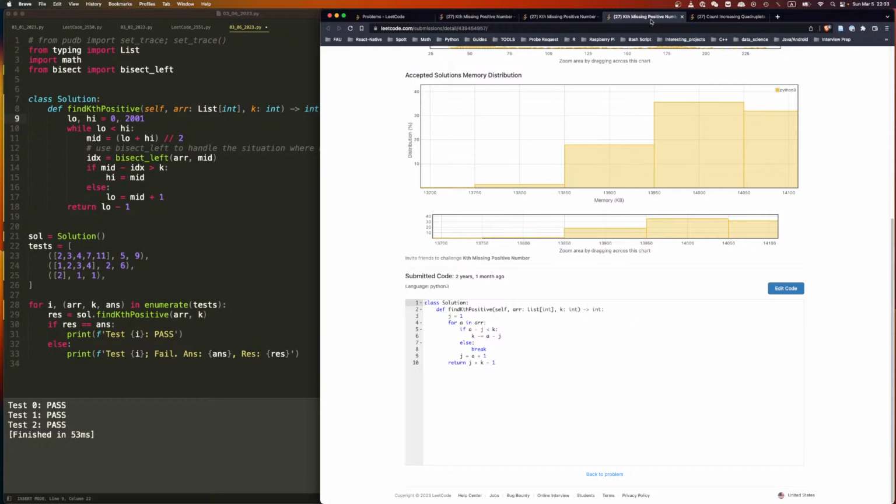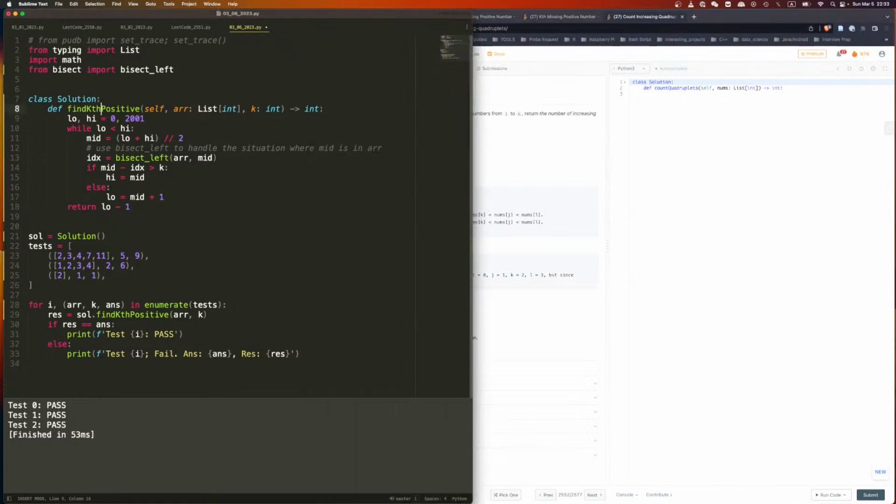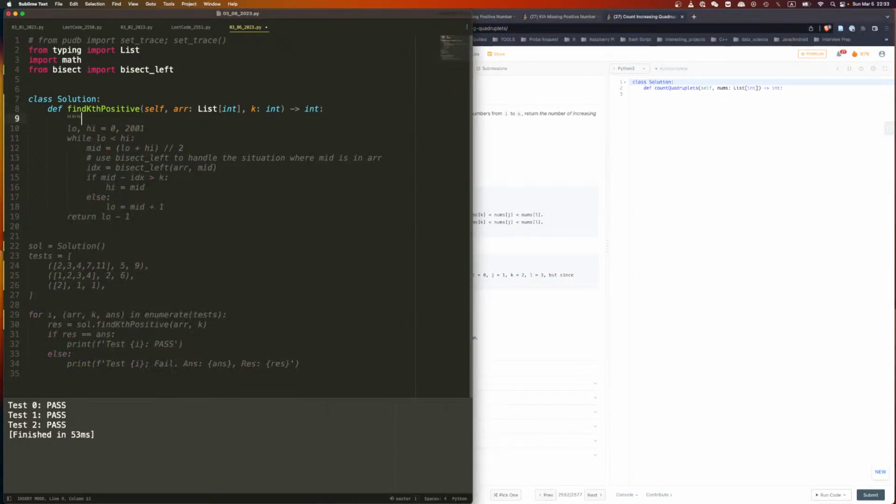from j plus k, right? From j plus k. So we have, let's say, 3. 1, 2, 3 minus 1. That's pretty good. But this one is O log n. Technically O log n.